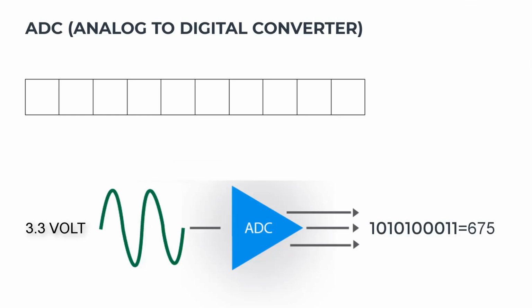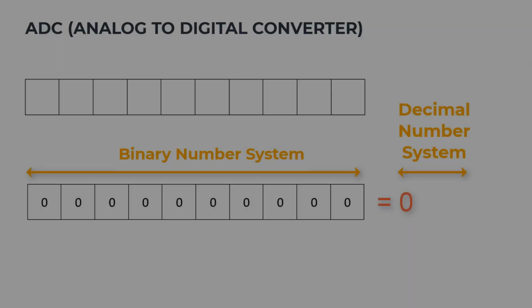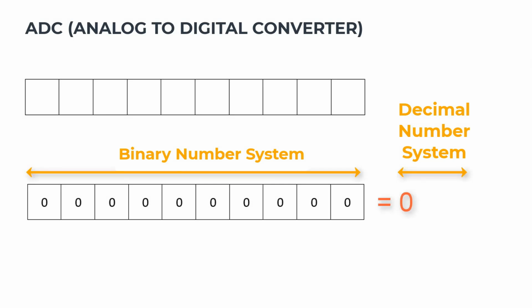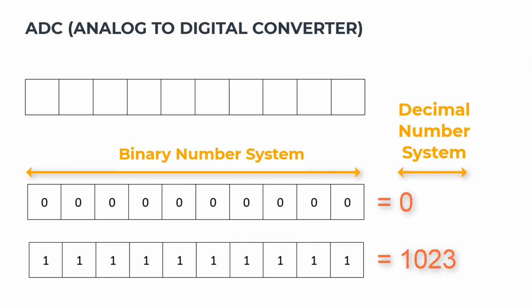In Arduino, when we consider a 10-bit register, the values are represented as 10 digits of either zeros or ones, or various combinations of them. This means that each bit can be either 0 or 1, and by arranging these bits in different combinations, we can represent different numerical values. A 10-bit register can hold values ranging from 10 zeros, which represents 0 in decimal, to 10 ones, which represents 1023 in decimal.